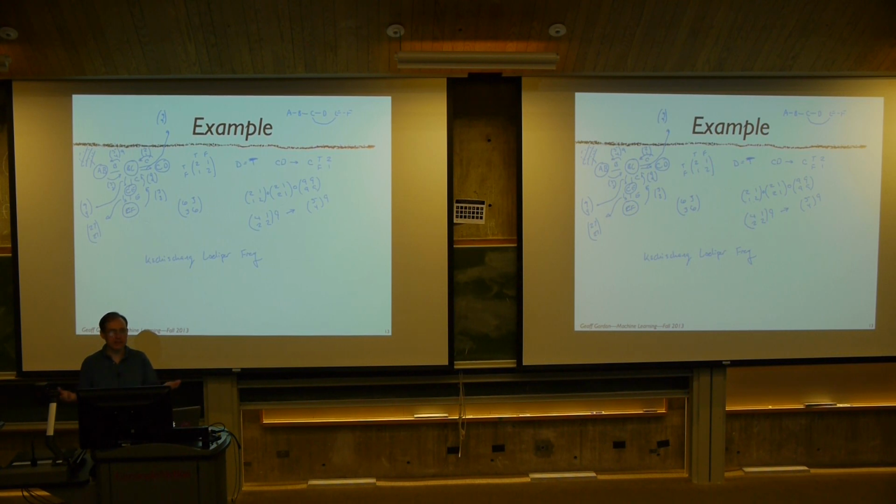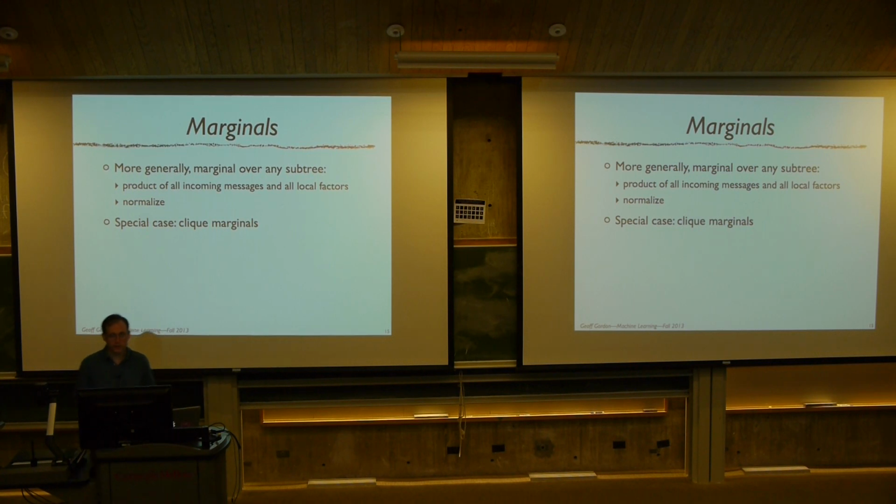You can simulate any run of variable elimination that's consistent with your junction tree. And you do that just by collecting together all of the messages that are incoming to a subtree. I actually have that written out on a slide. So you can get the marginal over any subtree. You take any subtree that you want of your junction tree. There'll be some incoming messages from the edges that go into that subtree.